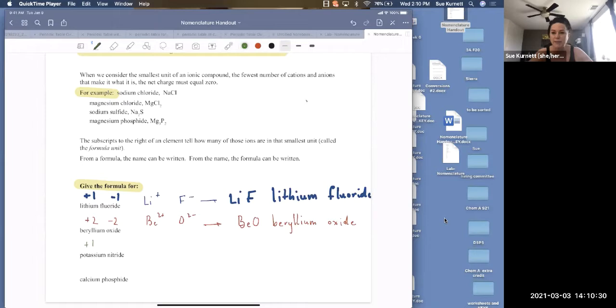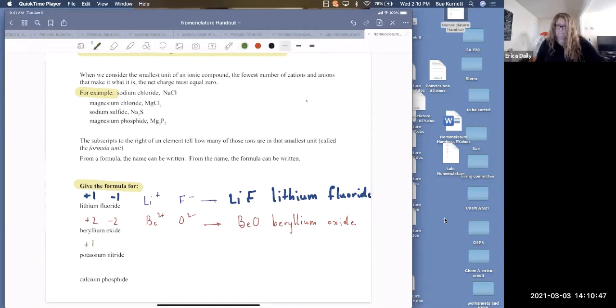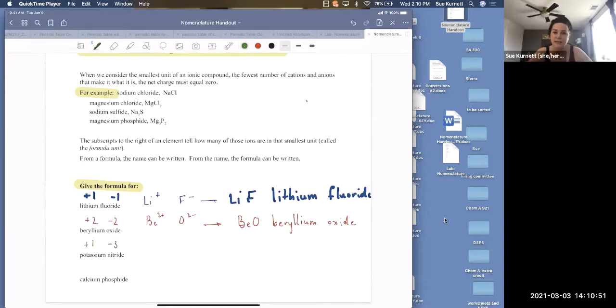What group is it in? 5. And to get to 8 outside electrons, to be like neon, how many electrons would it need to gain? 3. So it has 3 more electrons than protons because it gained them, it has a -3 charge. Potassium ion is a +1, nitride is a -3.